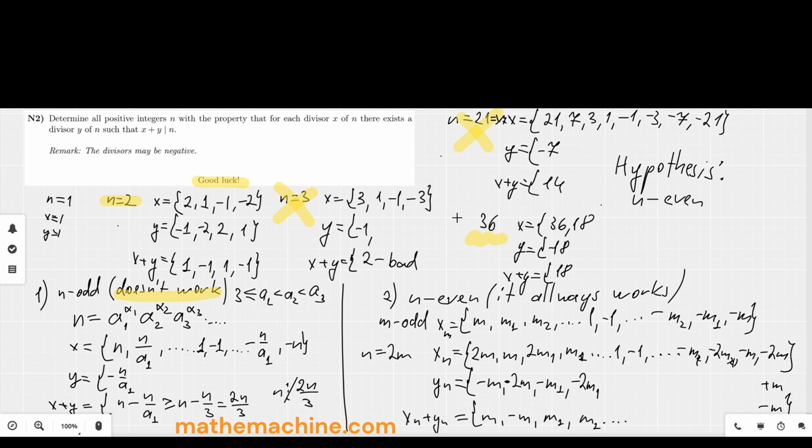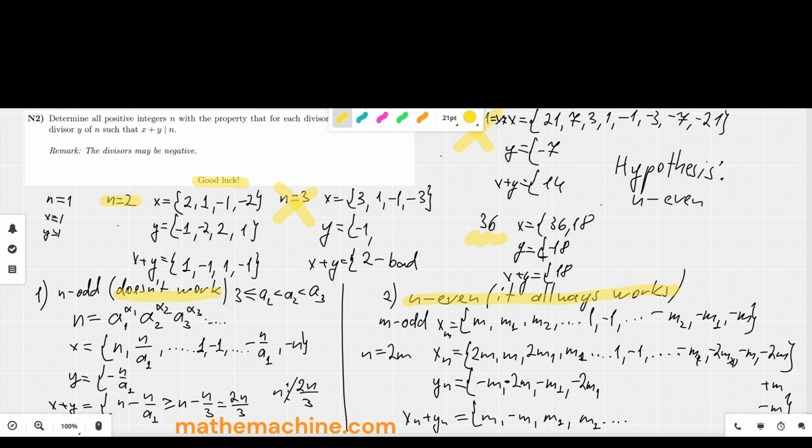Thus, we have shown that for even numbers, that's the second part, it always works. So we have proven that for odd numbers it never works, the hypothesis that n should be even, and for even numbers it always works. We showed how it works, and we showed the intuition.